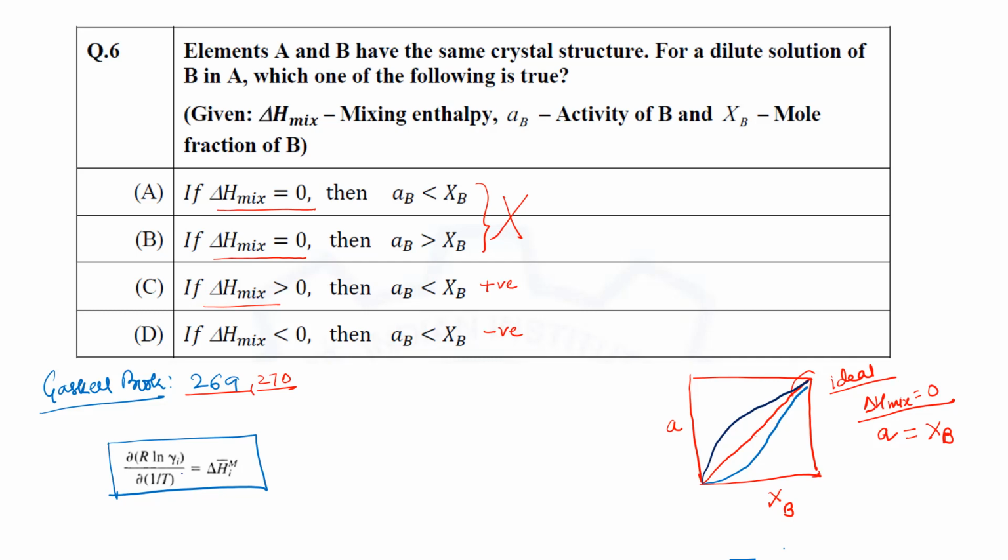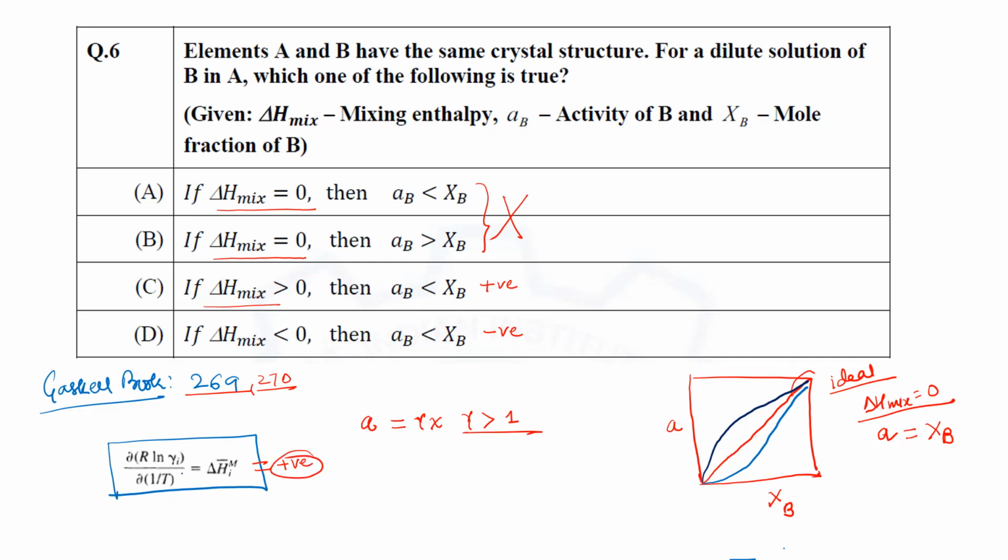And for the positive deviation, the activity is gamma times x. Since it is positively deviated, gamma is greater than 1, so the complete value will be positive.